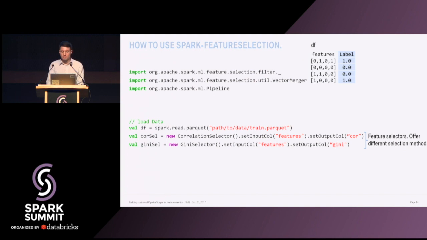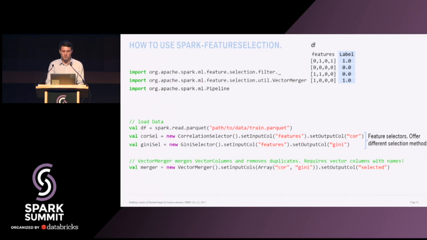Then, since each of those feature selection methods adds one vector column to your data frame, but we actually only want to have one feature column, we have to merge those features somehow. I created the vector merger for this, which you can also find in the package. This vector merger basically takes all the features from different vector columns and checks if there are duplicates, and if there are, it removes those duplicates, and in the end there's one vector column where all those features are merged.